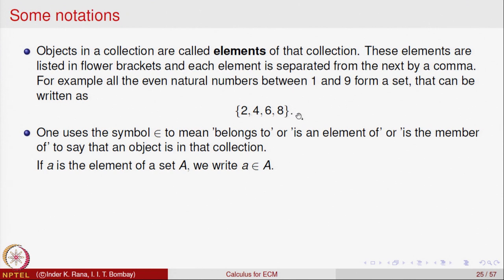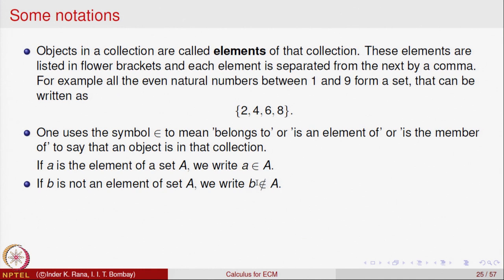So, a set is written by putting elements in brackets, and saying an element a belongs to the set A is written as a belongs to A. If some object does not belong, then we put a cross against the belonging symbol.